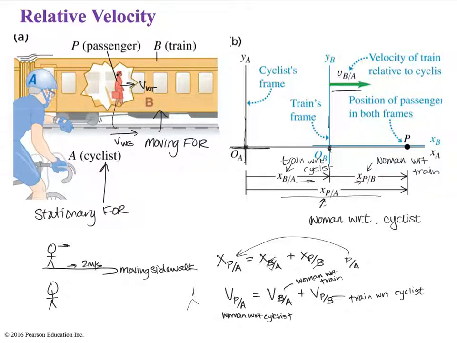And then a person's walking on the moving sidewalk with a speed of 1 meter per second. Ask yourself, how fast did they end up going? You know that their speed with respect to the person standing here is going to be 1 plus 2, 3 meters per second. So sometimes it might help to think of simple examples to help you reason through how to do something that seems a little bit more complicated.